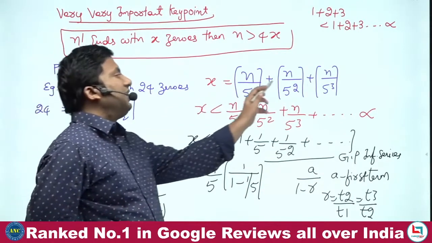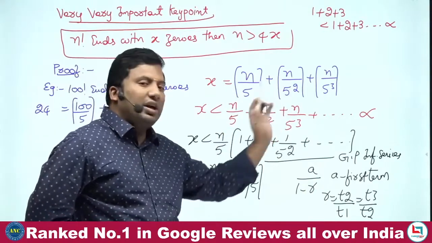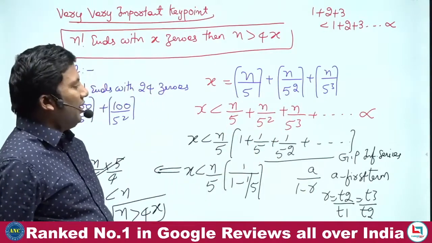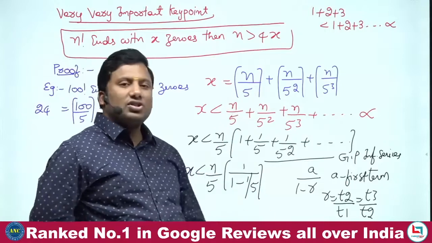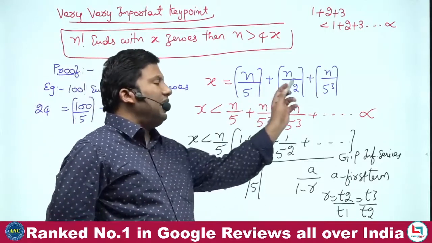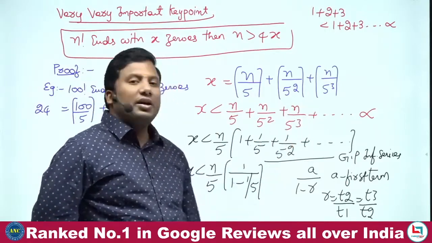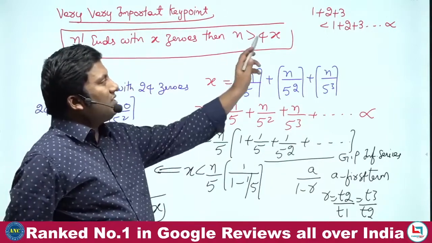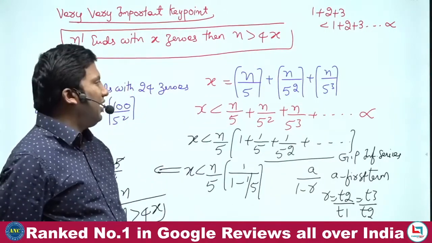It is a finite series. It will stop at a point depending upon the value of n. If n is 20, it will stop at n by 5. If n is 200, it will stop at n by 5 cube. A finite series is always less than an infinite series.